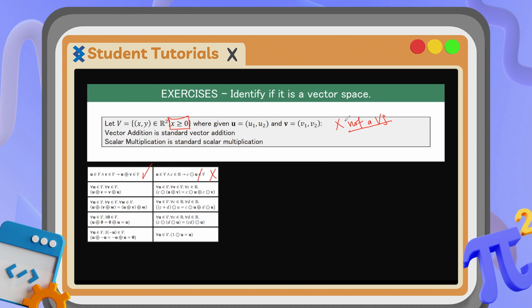Some things to consider in evaluating vector spaces are the following. To efficiently check each property, we first start off with the closure properties. This can be a strategy in identifying the hierarchy of which is more important to evaluate first.